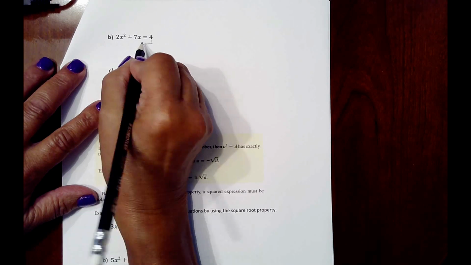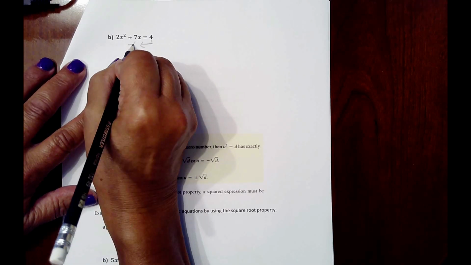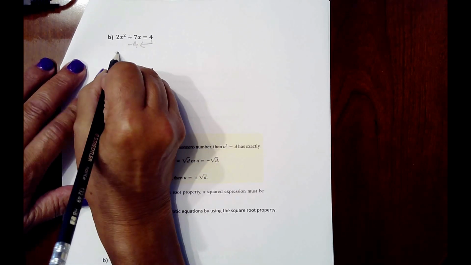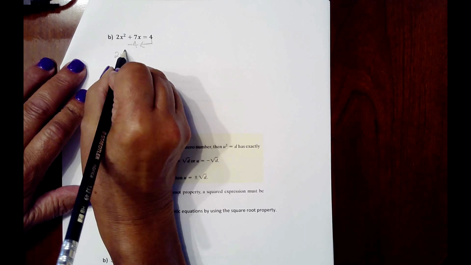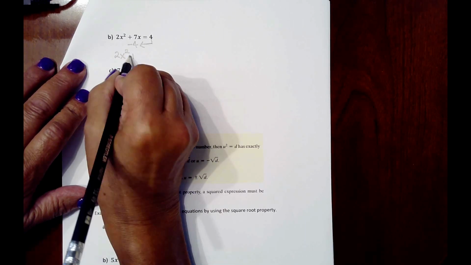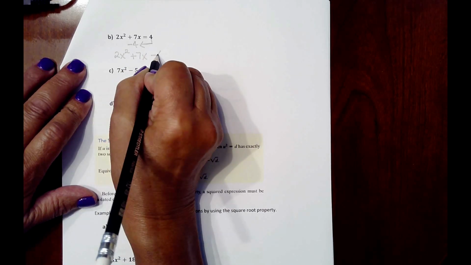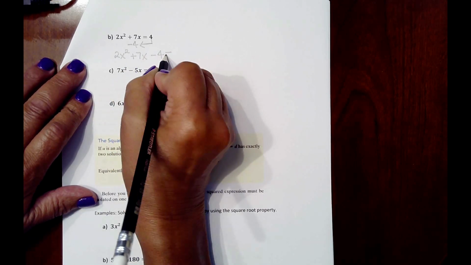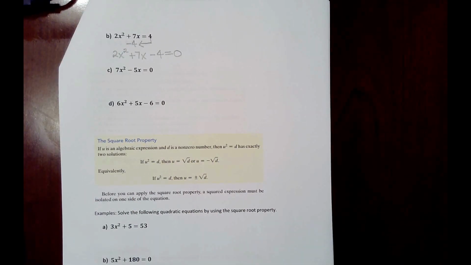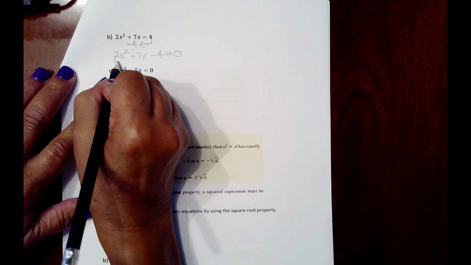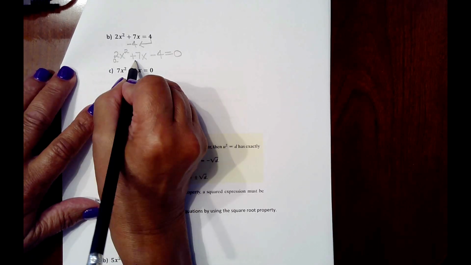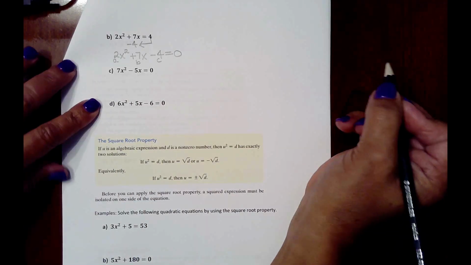So you're going to bring this 4 to the opposite side, and that will give you 2x squared plus 7x minus 4 equal to 0. Okay, now in this problem, notice that the a value is no longer negative. Again, this is a, this is b, +7, and this is the c value.